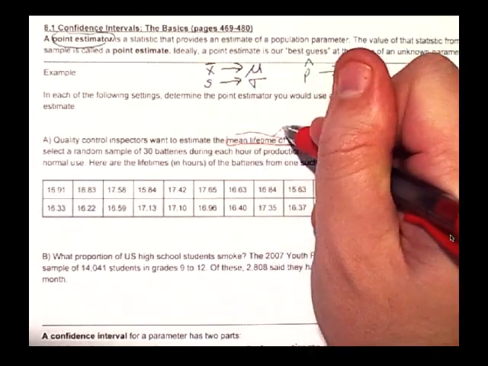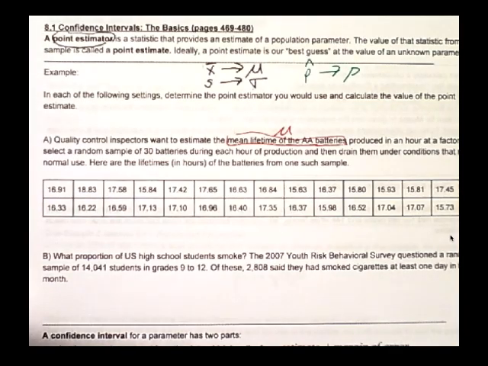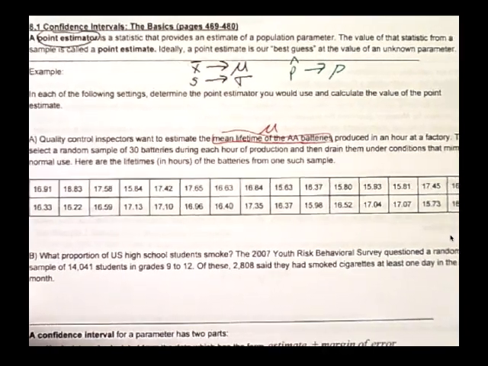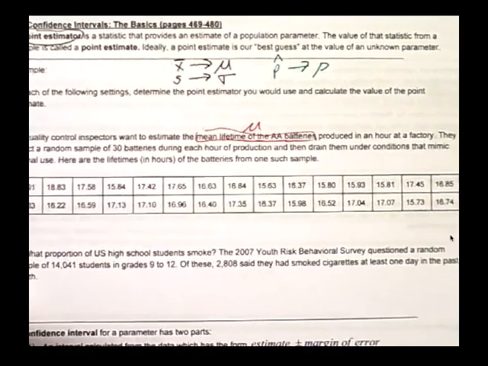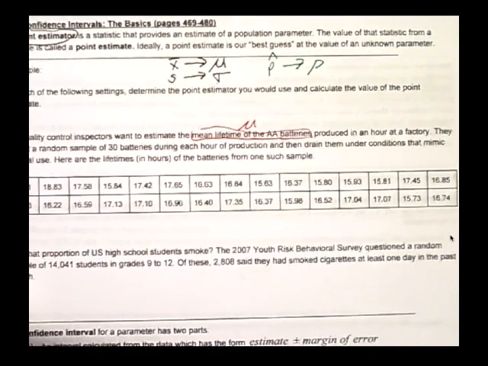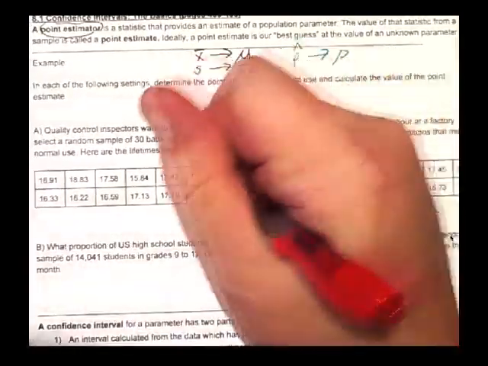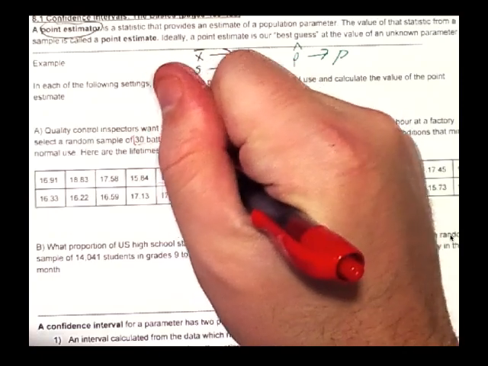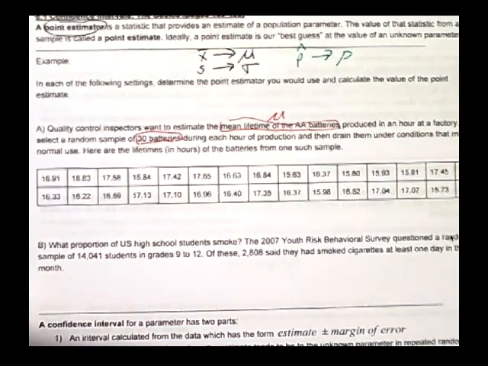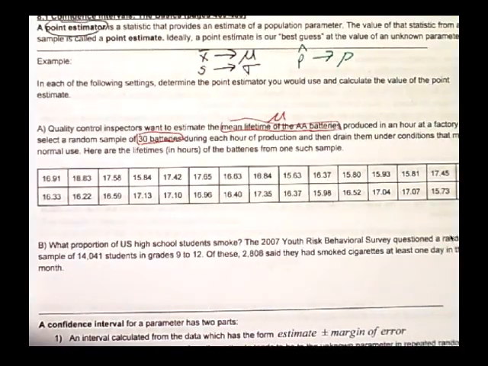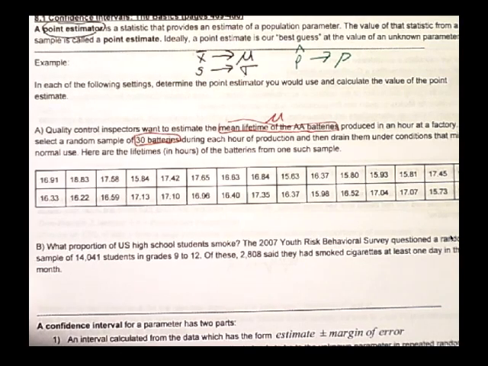So we're interested in mu because it's some sort of mean produced in an hour at a factory. They select a random sample of 30 batteries, so that would be a sample size, during each hour of production, and then drain them under conditions that mimic normal use. It says here are the lifetimes in hours of the batteries from one such sample.